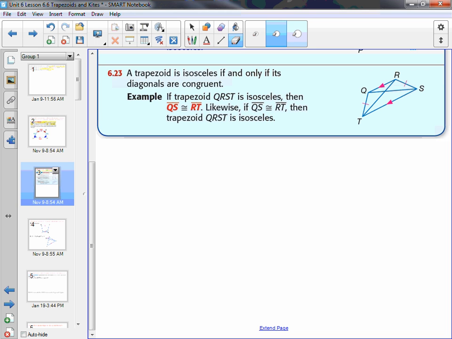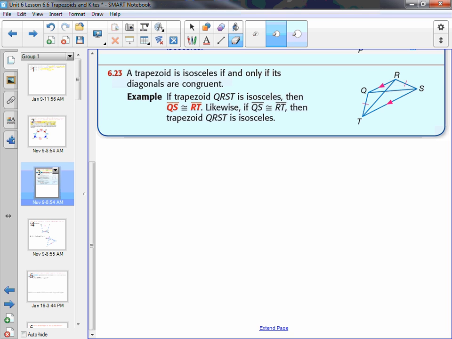Because trapezoids are not parallelograms. So it's still true that the only kind of parallelogram where the diagonals are congruent is a rectangle. But trapezoids aren't parallelograms, so there's no contradiction. The only kind of trapezoid where the diagonals are congruent is an isosceles trapezoid.